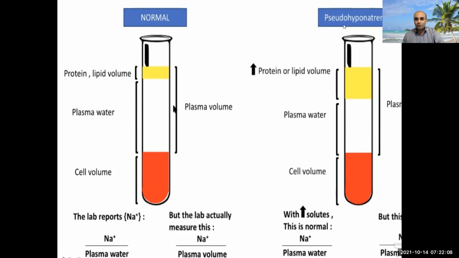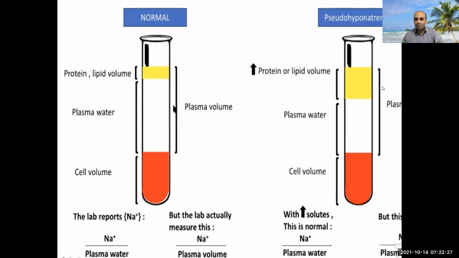In a patient with pseudo hyponatremia, the lipid part and the protein part increase to near double the amount of plasma water, and the lab reports this plasma water electrolytes or sodium.